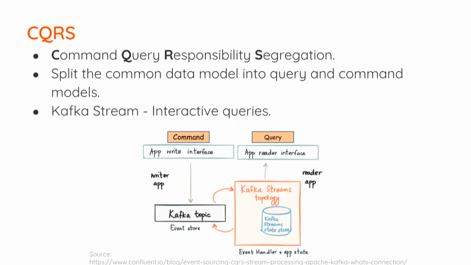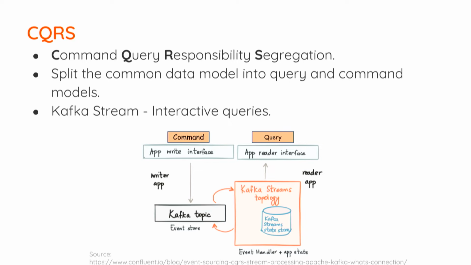But with Kafka, this is actually relatively straightforward to implement. You don't really have to use two different databases. Rather, you implement the command side using the conventional Kafka topic. Basically, the command side application writes data into a Kafka topic. And on top of that, you build a Kafka event stream, which basically materializes the content of the Kafka store and builds a query stream out of that.